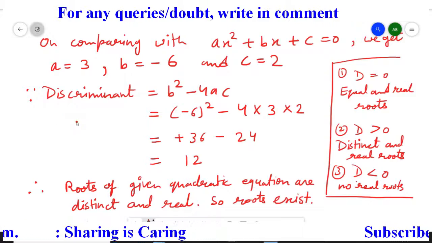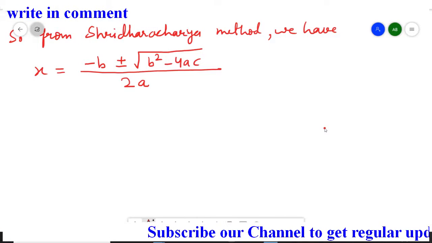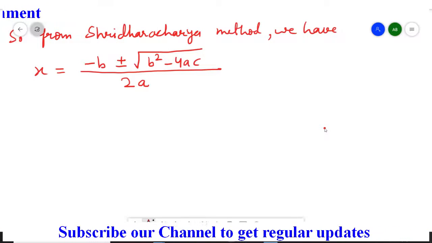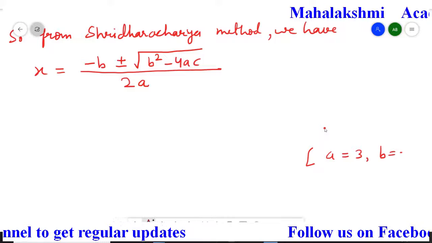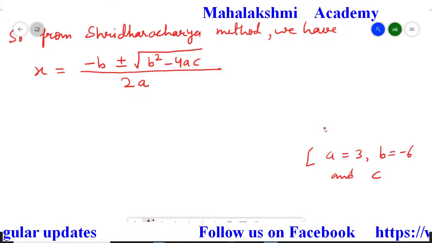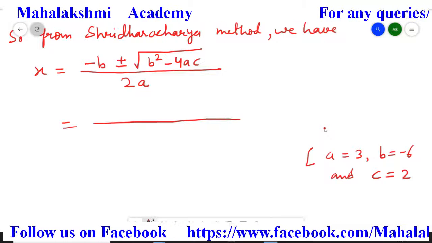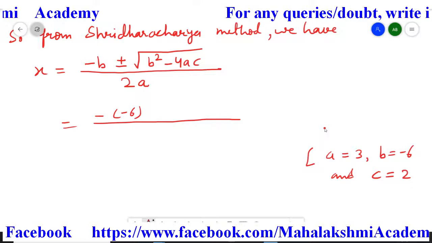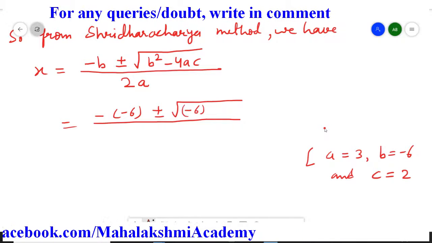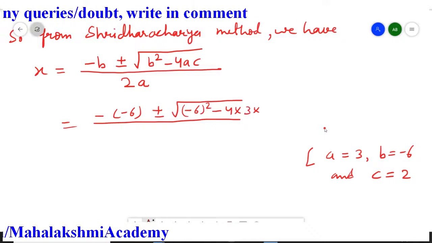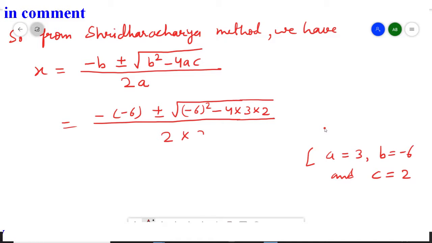So these values we are going to replace in the formula. After replacement we are going to get it like this. First I am writing what a, b, c are: a is 3, b is minus 6 and c is 2. Now I have to replace here. I wrote it so that I will not get confused. B is minus 6 and square root of b square minus 4ac, that is (minus 6) square minus 4 into 3 into 2, and upon 2a, so 2 multiplied by 3.